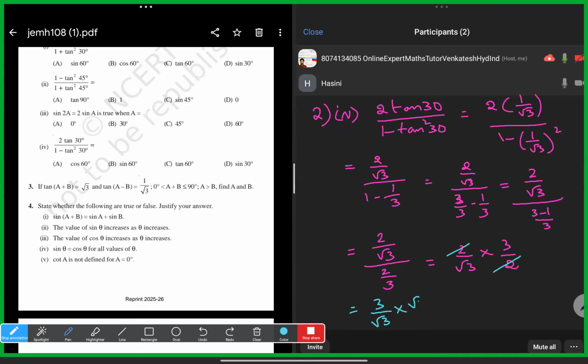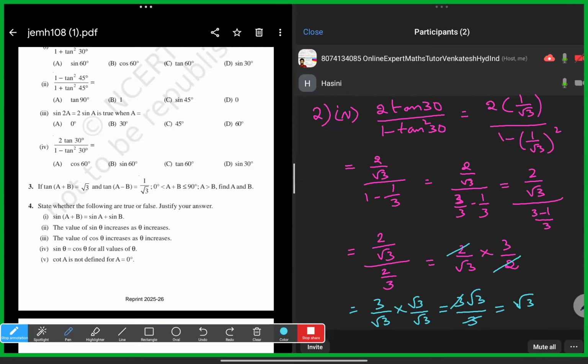Finally, we should multiply and divide by root 3. Okay, Hasni? Yes, sir. So 3 root 3. Why we are doing this is to simplify the denominator further when we get irrational terms, Hasni. So root 3 into root 3 is 3. This 3 will get cut. So root 3 we got it.